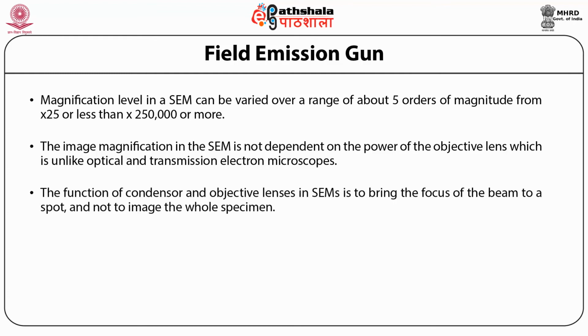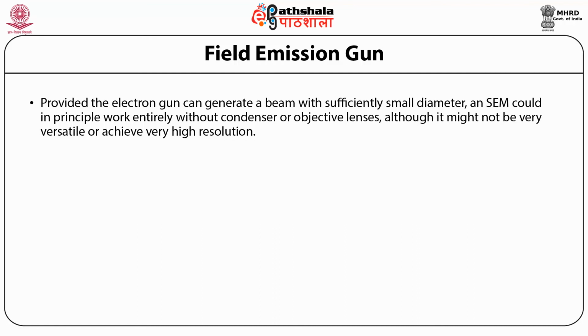The function of condenser and objective lenses in SEMs is to bring the focus of the beam to a spot and not to image the whole specimen. Provided the electron gun can generate a beam with sufficiently small diameter, an SEM could in principle work entirely without condenser or objective lenses, although it might not be very versatile or achieve very high resolution.